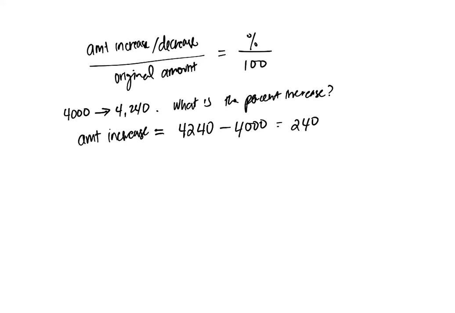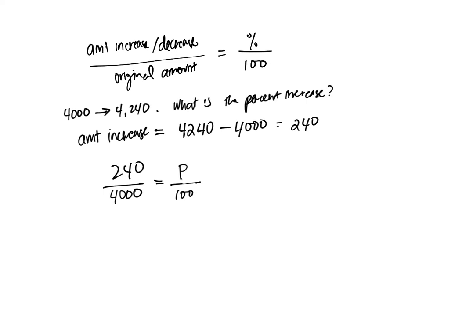In order to find the percent increase, I'm going to put that number, 240, over the original amount, which is 4,000, equals that percent over 100. And typically, since it's unknown, we want to put a variable. You can put p if you want. You can put x. Doesn't really matter.